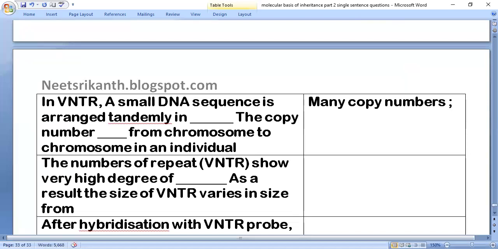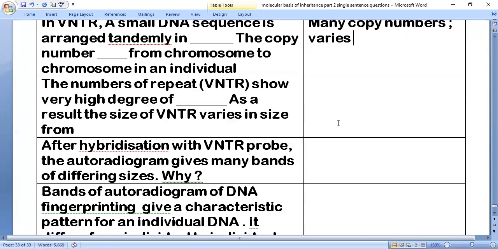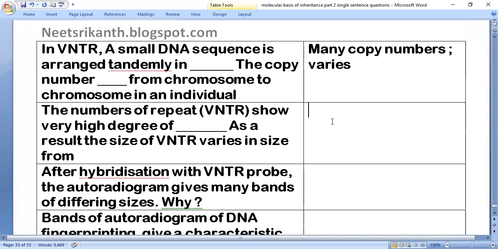The copy number varies from chromosome to chromosome in an individual. The number of repeats in VNTR shows a very high degree of polymorphism. As a result, VNTR varies in size from 0.1 to 20 kb.